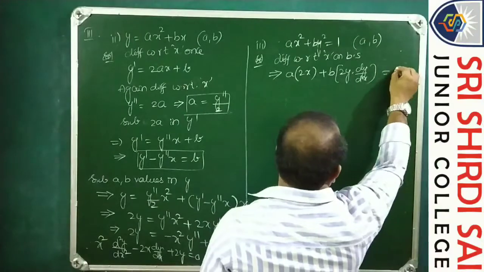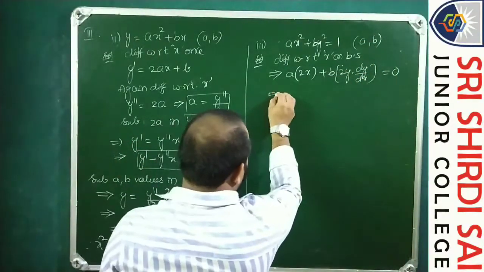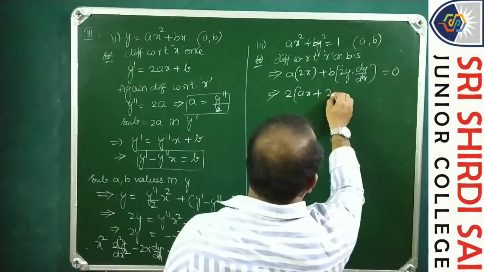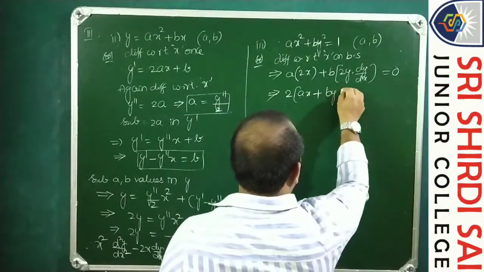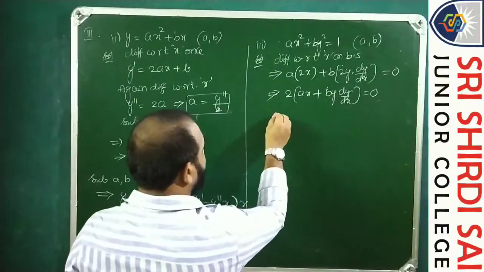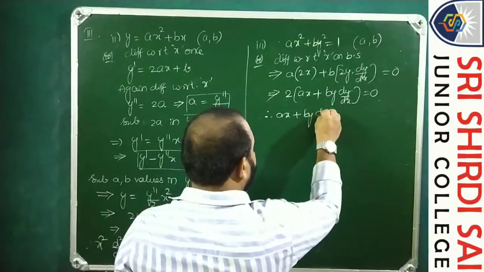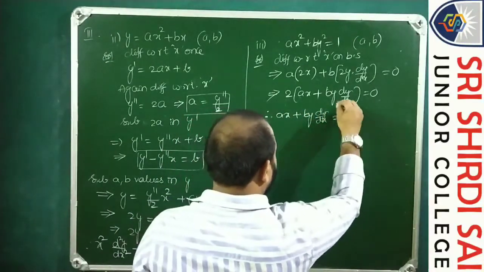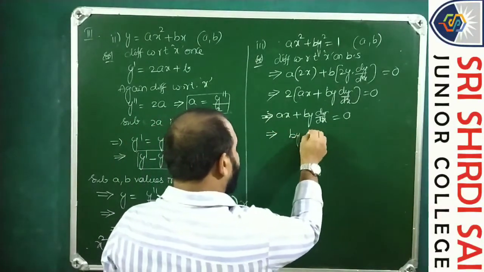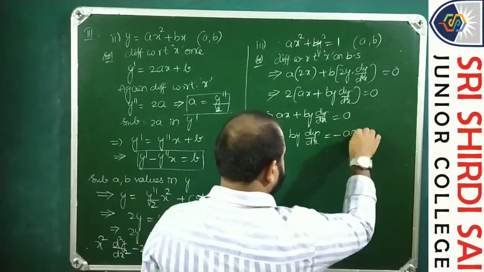Is equal to, the derivative of 1 is 0. If you take 2 as common, then we get ax plus by dy by dx is equal to 0. Therefore, ax plus by dy by dx is equal to 0. From this, by dy by dx is equal to minus ax.